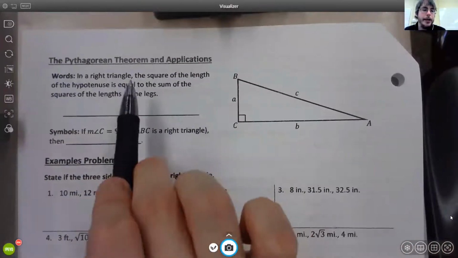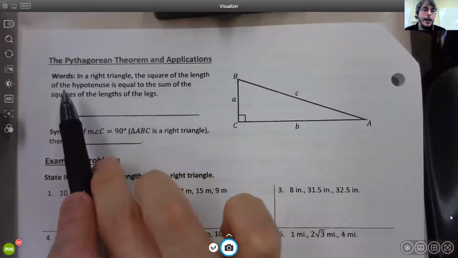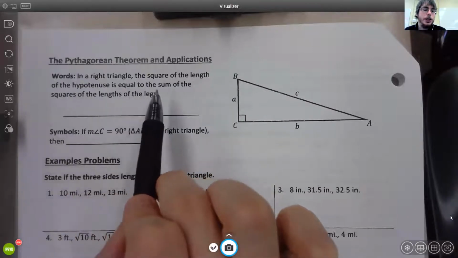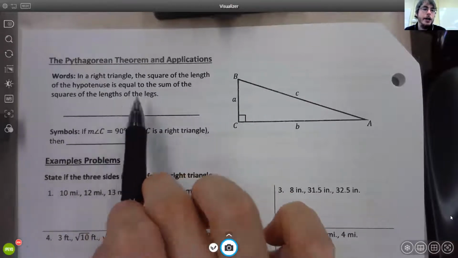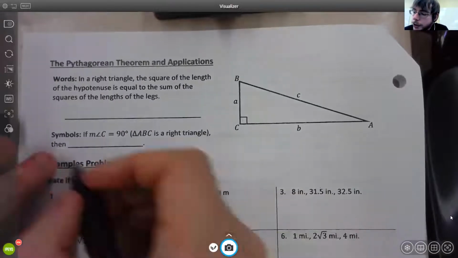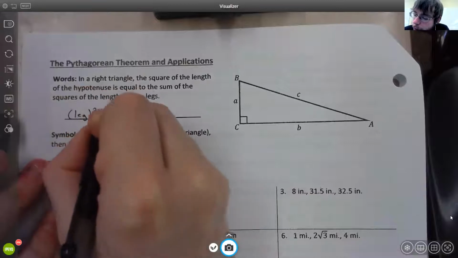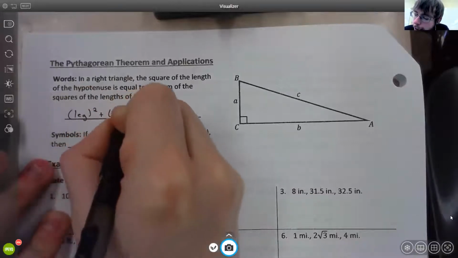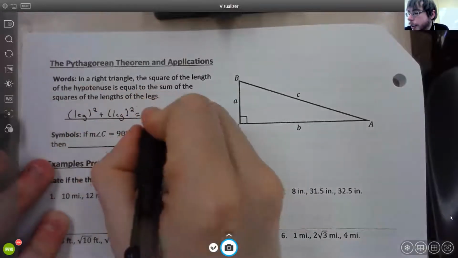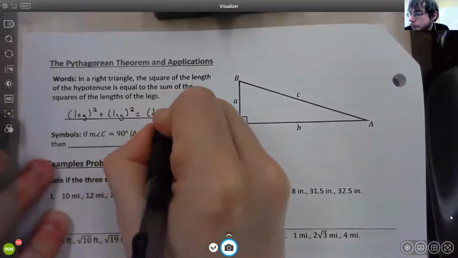So in a right triangle, the square of the length of the hypotenuse is equal to the sum of the squares of the lengths of the legs. In other words, you take the square of one of the legs, added with the square of another of the legs, and you get the hypotenuse squared.